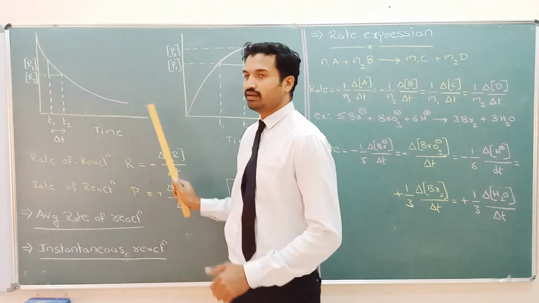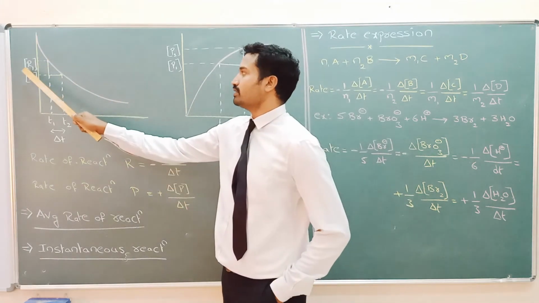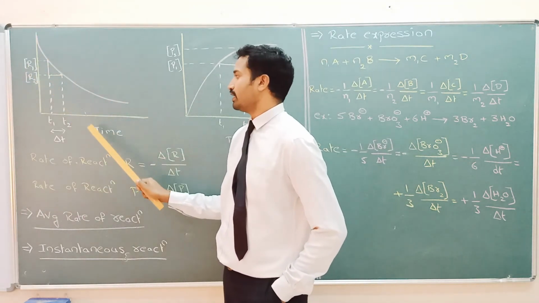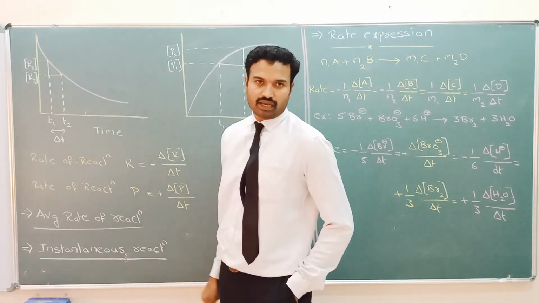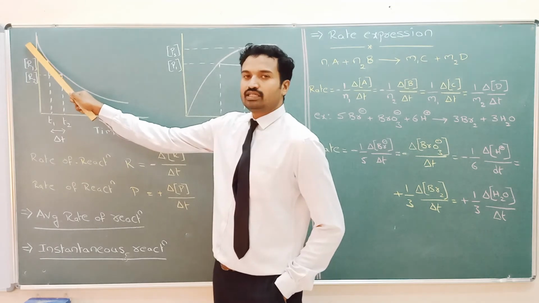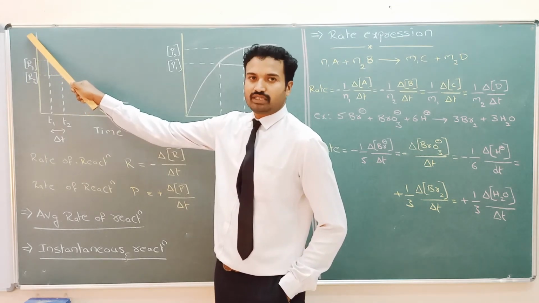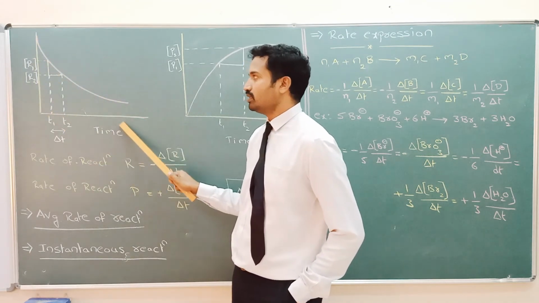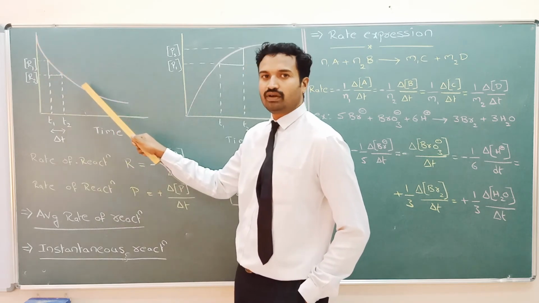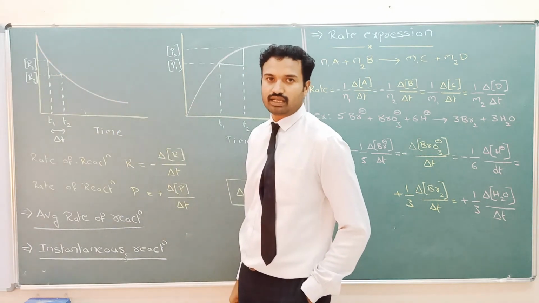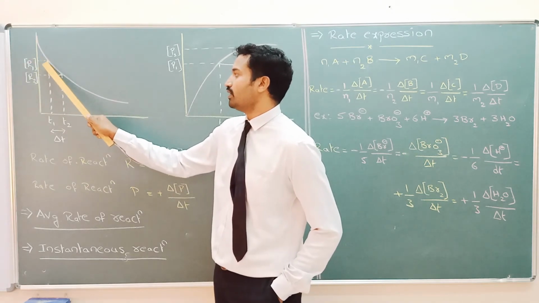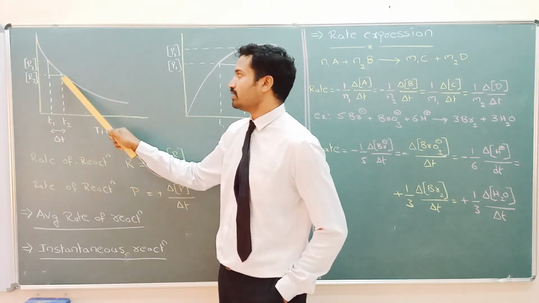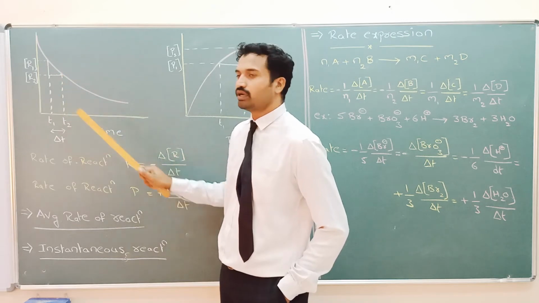Here is one graph plotted between concentration of reactant and time. The initial concentration of reactant is 100%. With time, reactant concentration gradually decreases. This is the concentration of reactant R1 at T1 time, and this is the concentration of reactant at T2 time.